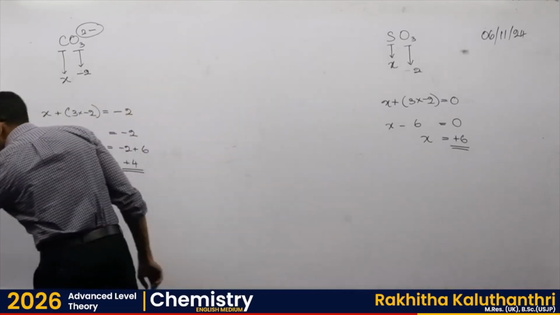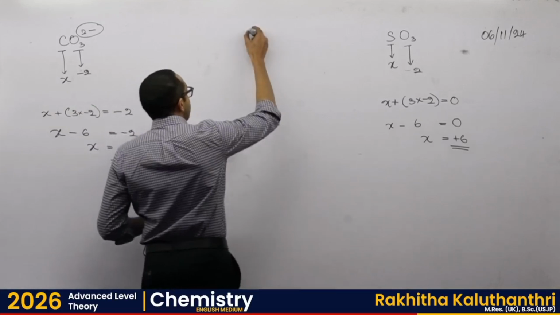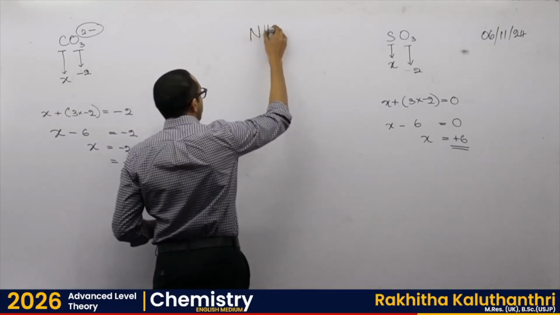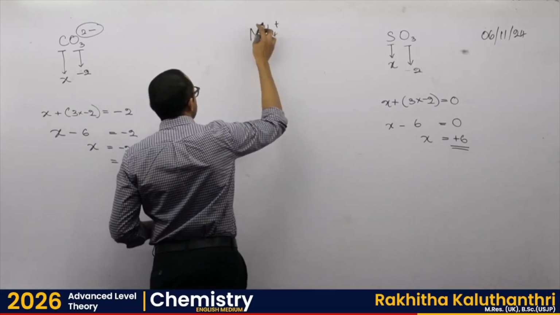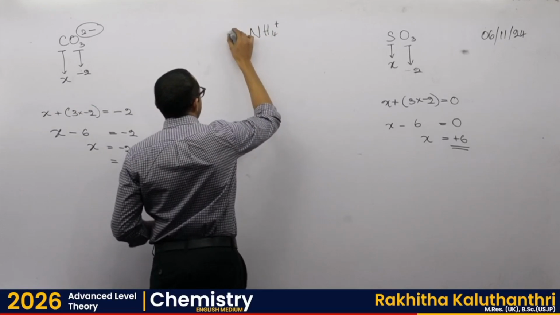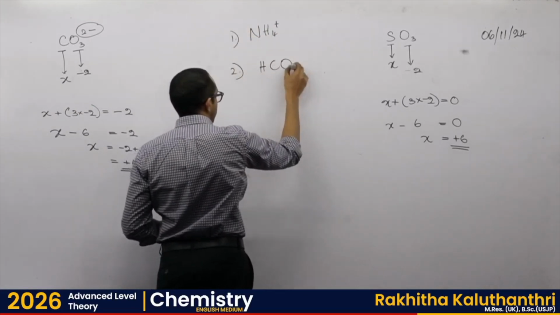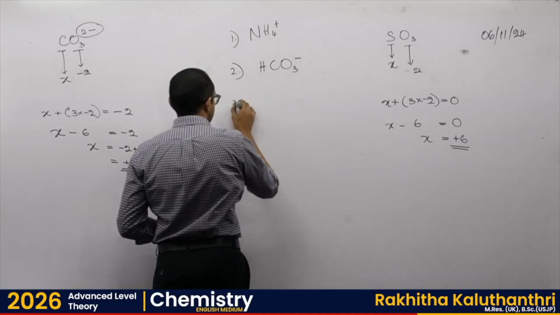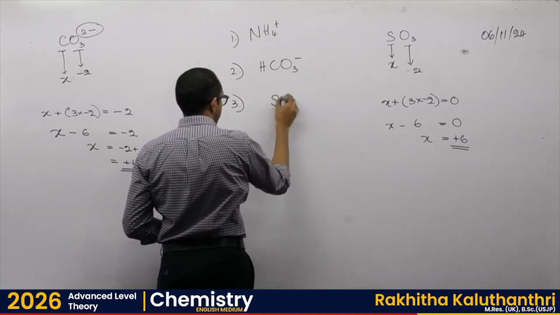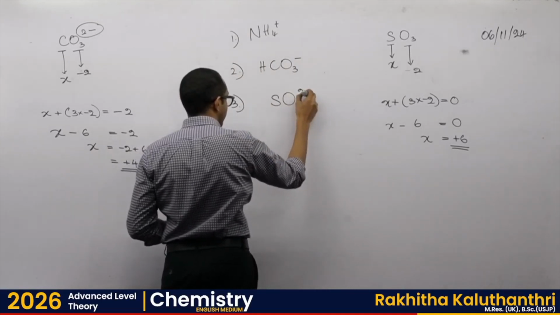Quickly do this. We have NH4 plus, right? So this is the first one. Second one, HCO3 1 minus. Third one, SO4 2 minus.